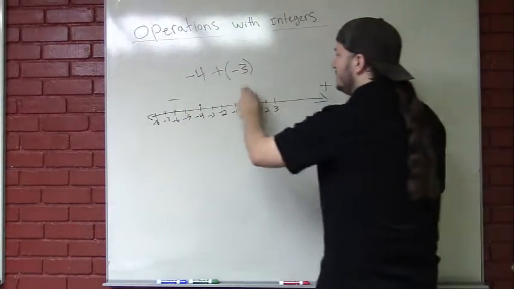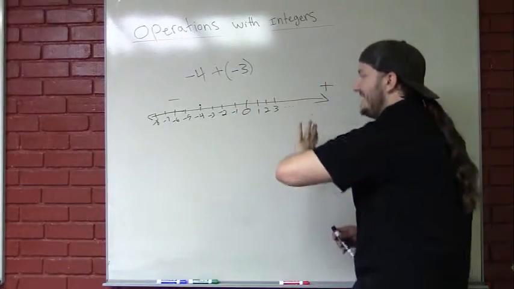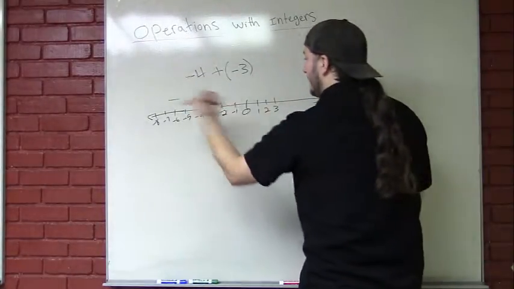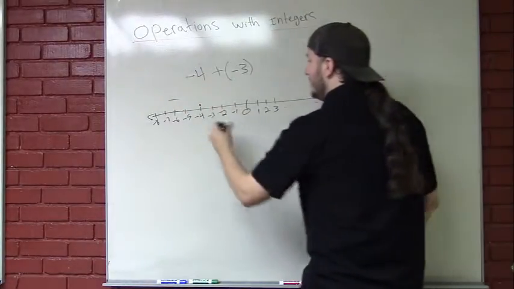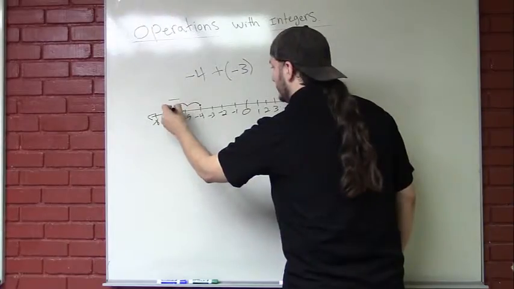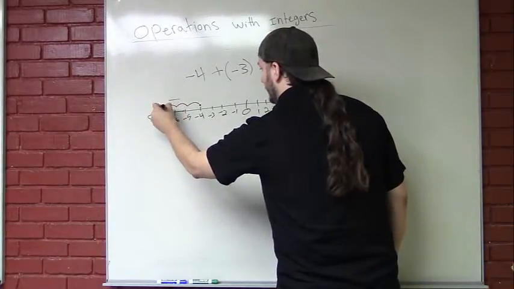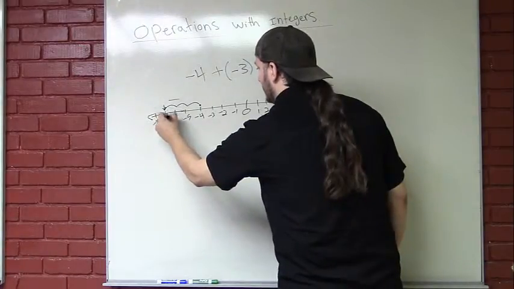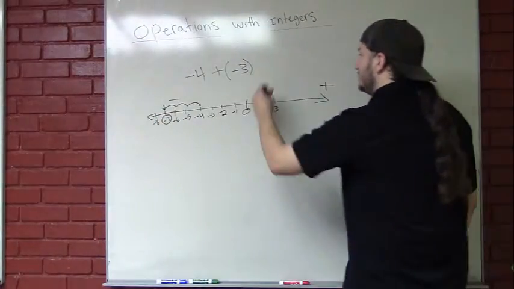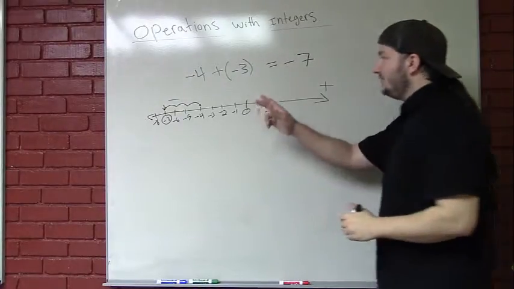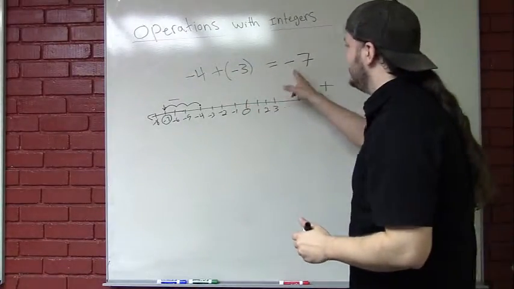And then what you're going to do is go negative 3 more, okay? And negative is to the left of the line. So you just move over from the negative 4 three more times. 1, 2, 3. Where are we at? We are at negative 7. So what that's telling me is negative 4 plus a negative 3 is negative 7.